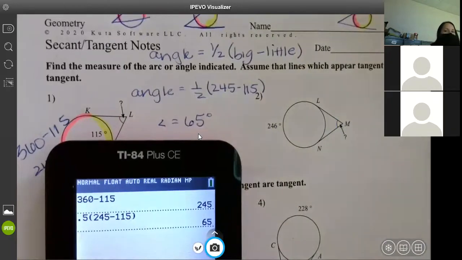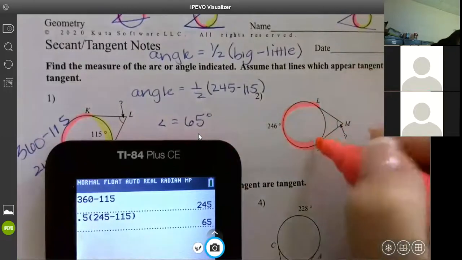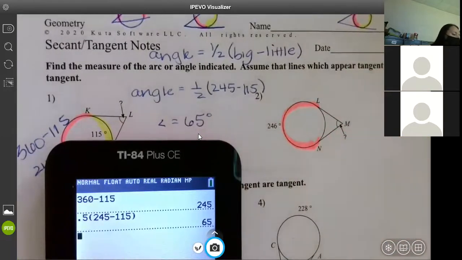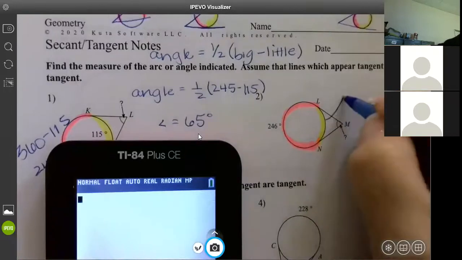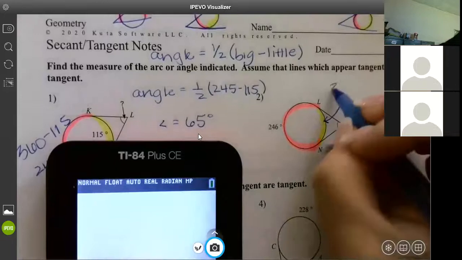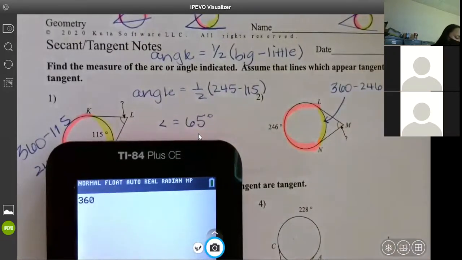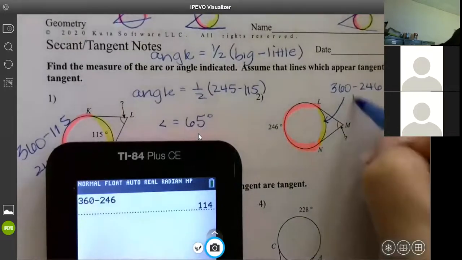So same thing on the other one. We actually have the big one this time. We have the 246. But I need the other side so that I can do my formula. So how do I find the other side? How do I find this yellow arc? Subtract it from 360, so 360 minus 246 gives me 114.